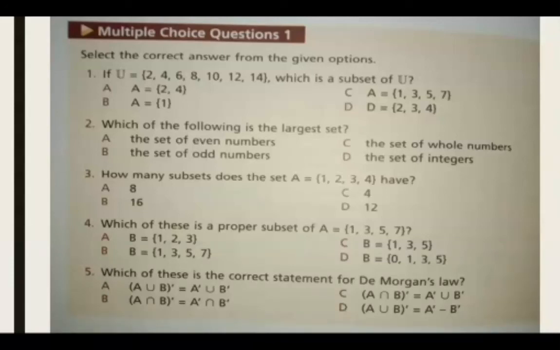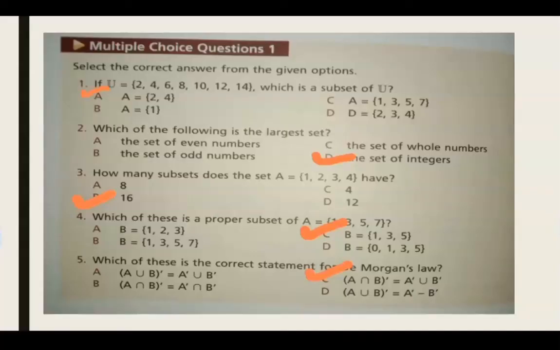In option B, again there is the same symbol on both sides, so this is not the right answer. Now check option C. In option C, (A intersection B) whole complement is equal to A complement union B complement. This is the right answer, C. These are the solved MCQs.